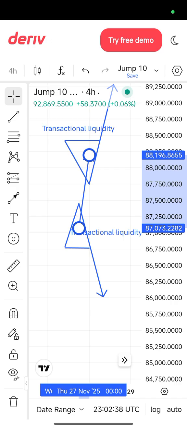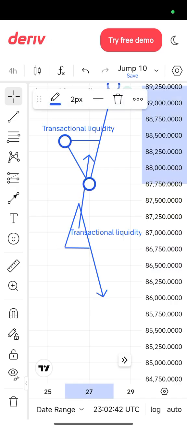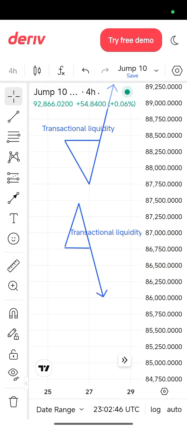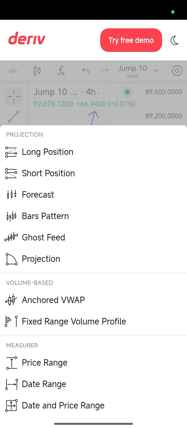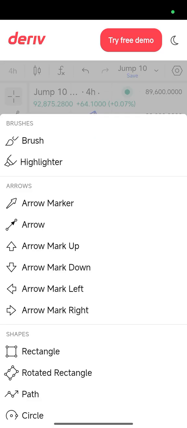Now, when you're talking of structural liquidity, this is your structural liquidity. I made mention of three on the voice chat. I made mention of transactional, I made mention of structural, and I made mention of inducement. So now let me add the structural liquidity here because I want to make it very simple and short.